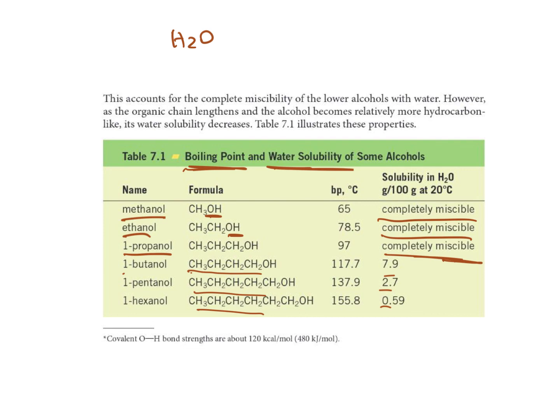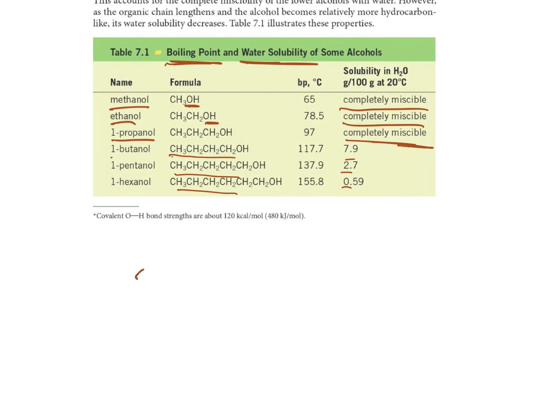So when we have only CH3OH, for instance, this molecule has strong hydrogen bonding between itself. The interaction between methanol molecules is hydrogen bonding, right?